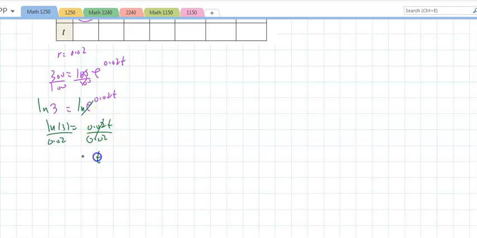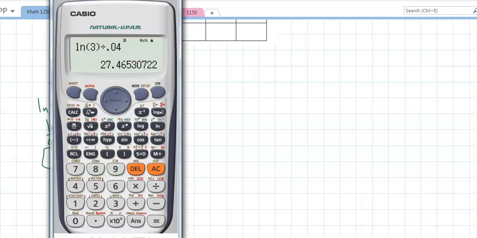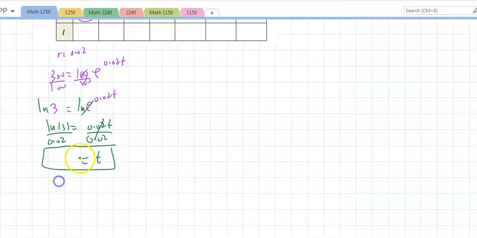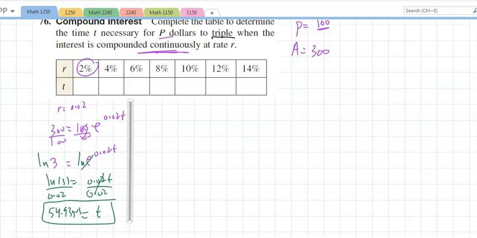I'm getting carried away. You know how that is, right? When you're doing something you enjoy. If I take natural log of 3, we just did that, divided by 0.02. 54.93 years. That's how long it takes. And this is good practice, nothing more.